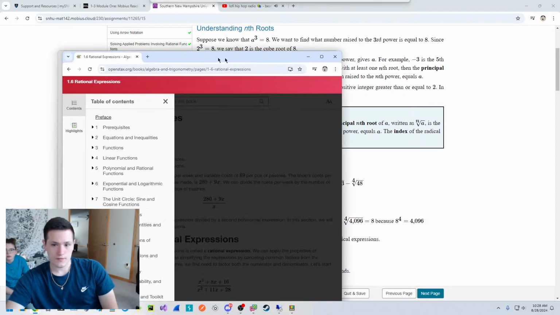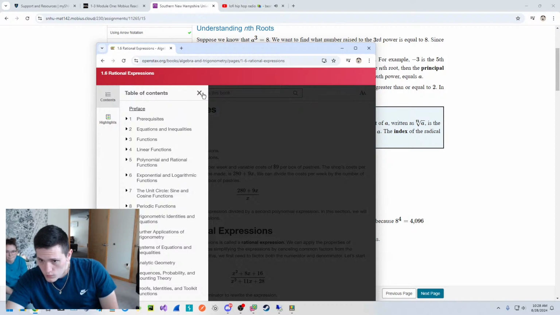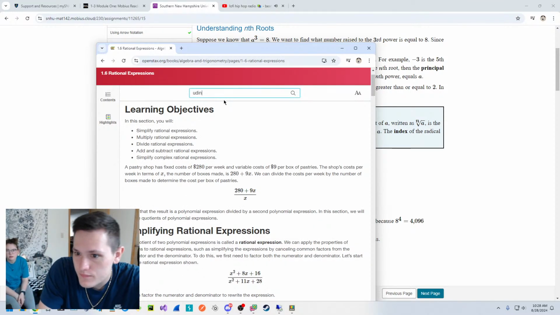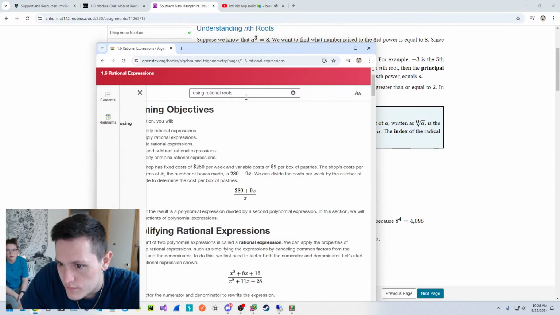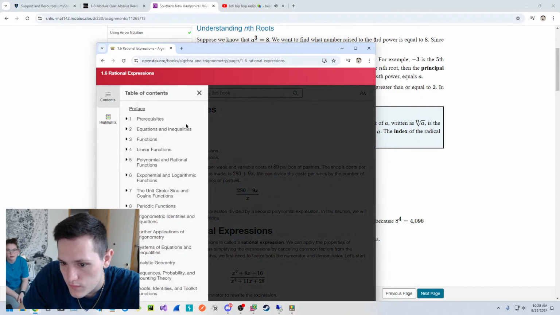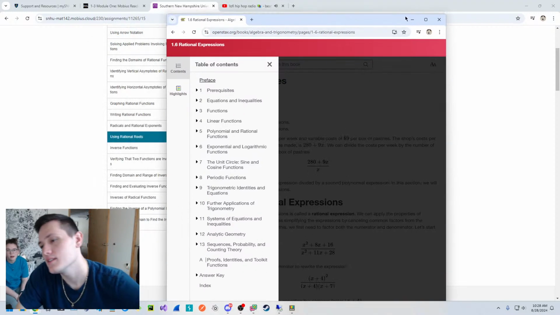Rational roots, right? I'll just search it. Doesn't make any sense.